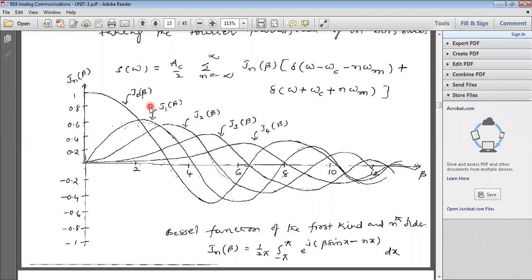For different values of n, we have these periodic signals. Always here the beta value is considered as less than 1. So graphically we represent 0, 0.2, 0.4, 0.6, 0.8 and 1, and negative values minus 0.2, minus 0.4, minus 0.6, minus 0.8 and minus 1.